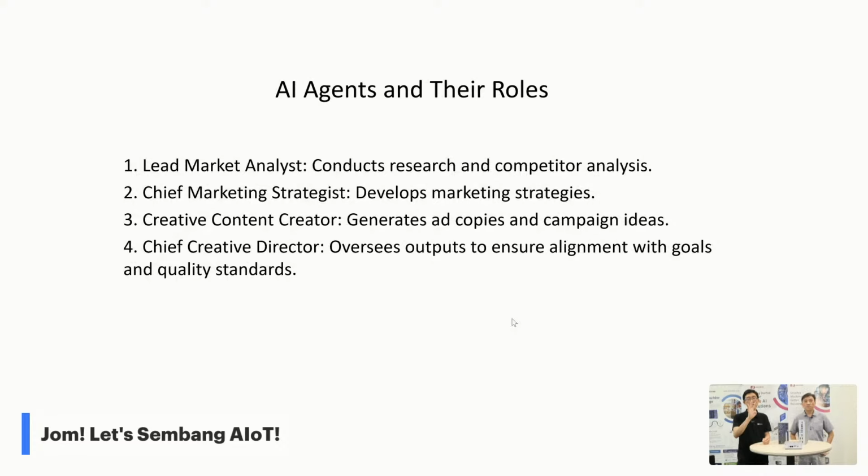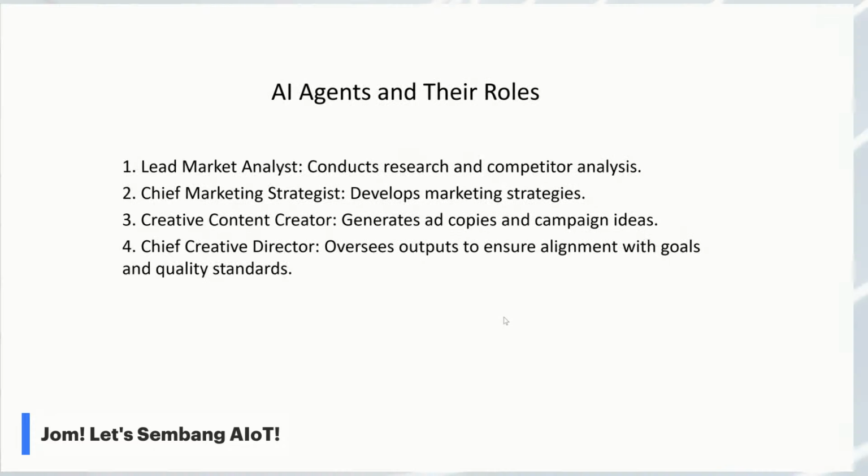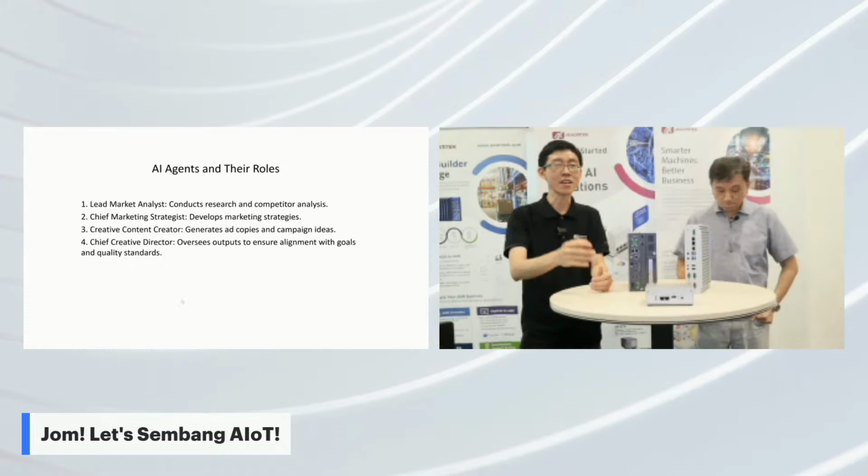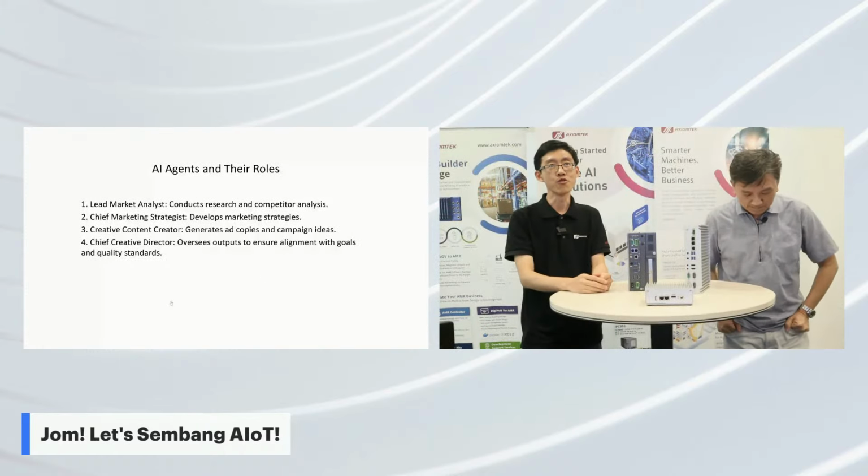So they have four AI agents inside. Every AI agent has their own tasks, and their tasks won't overlap, just like the organization chart in your company, where everyone has their own role.